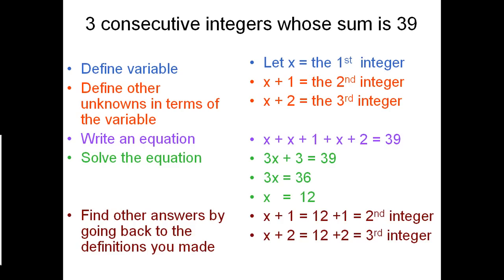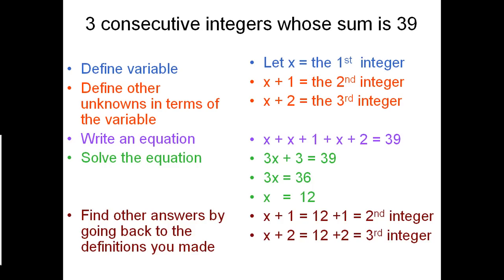That's the same whether it's even or odd, because let's take 3 consecutive odd integers, say 3, 5, 7. To go from 3 to 5, I add 2. To go from 3 to 7, I add 4. So it's the same whether it's odd or even.